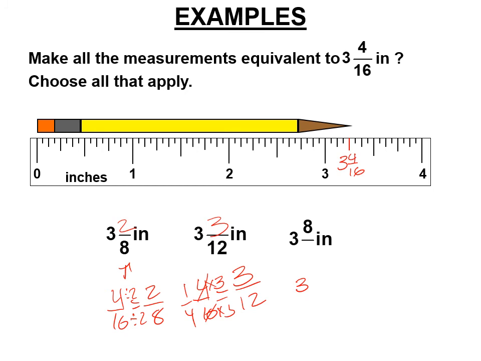Oh, we now know this is 1/4, or we can use 4/16. 4/16 equals 8 out of what? Well, oh, we don't even have to simplify. We can go 4 times 2 is 8. Oh, it's 8/32. Interesting. All of those are equivalent to 3 and 4/16.